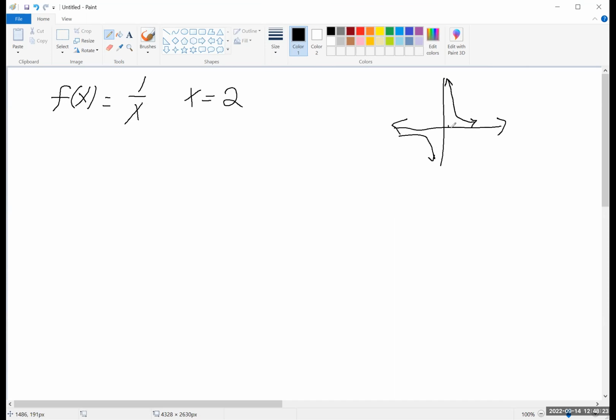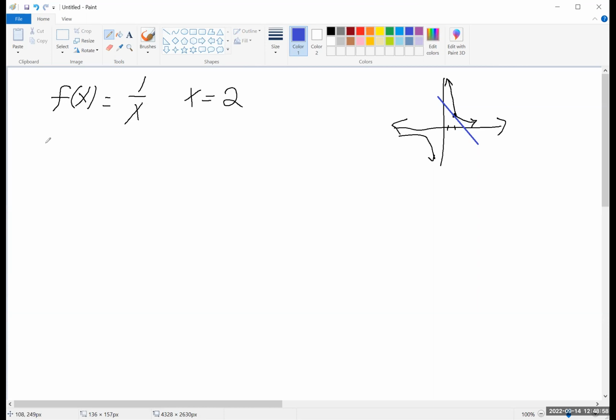And we're interested in figuring out what the slope is of the tangent line at 2. Maybe I can use one of these lines, and let's go ahead and color it blue. So just to give you an idea there, that's what we're interested in figuring out, not just the slope of that line, but also the equation of that line.